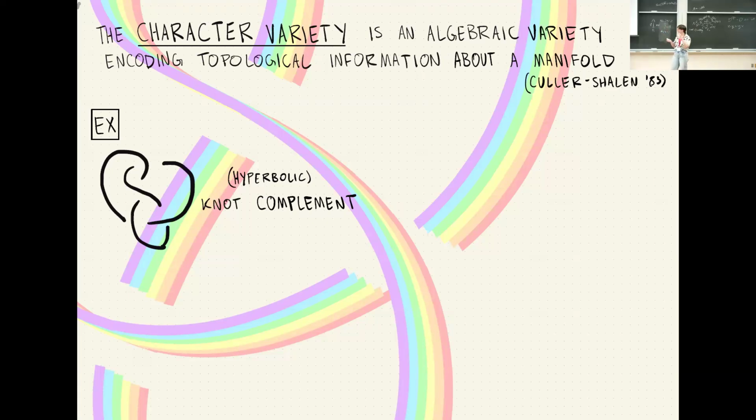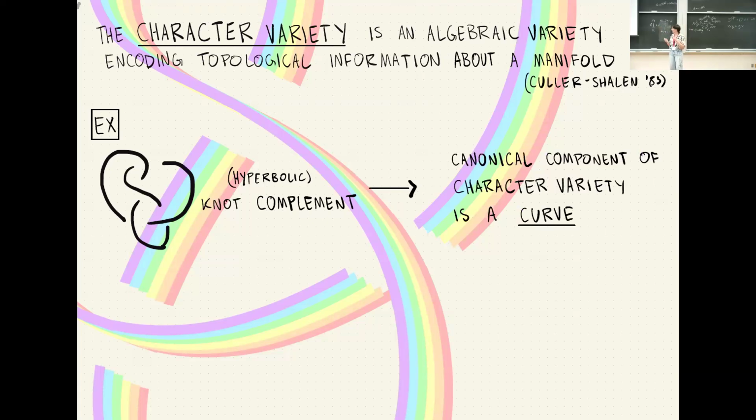We'll take S3, cut out this knot, and we'll get a manifold. When we build the character variety for this manifold, we know that there's a canonical component that is a curve.